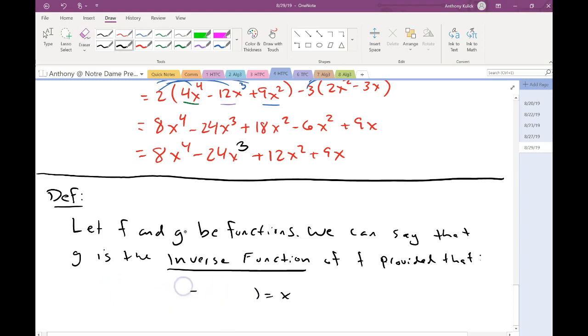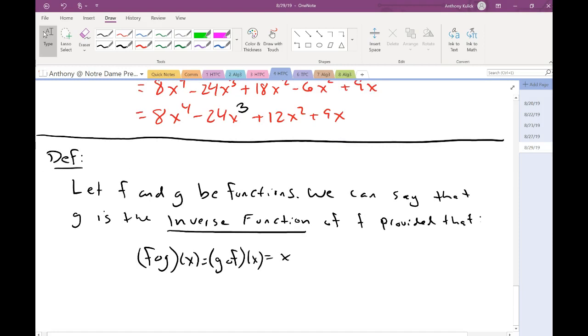Let's use composition notation. So if f and g are functions, we can say that g is the inverse function of f, provided that f compose g of x equals g compose f of x, which also in turn gives us x. So I have to show that both compositions give me x.